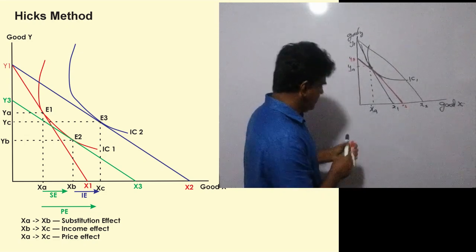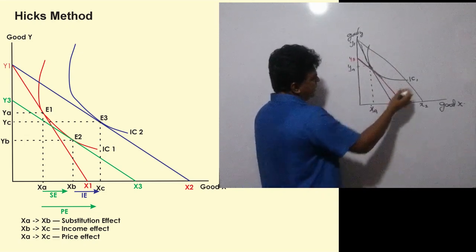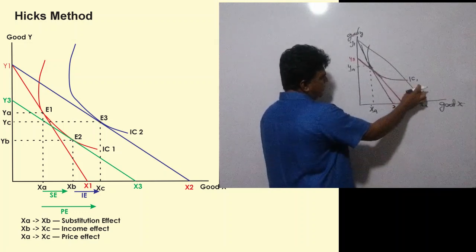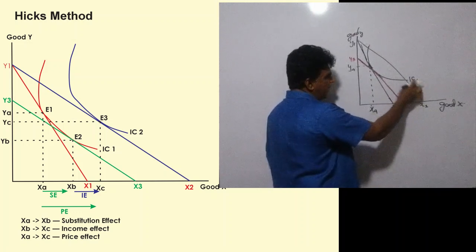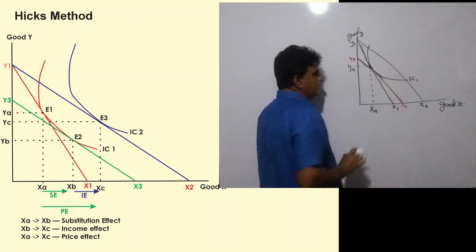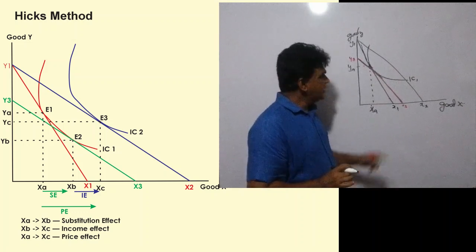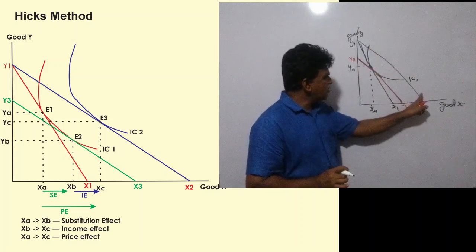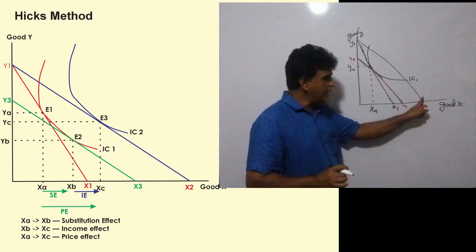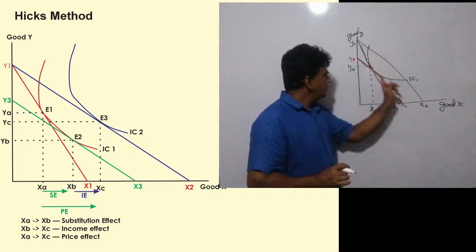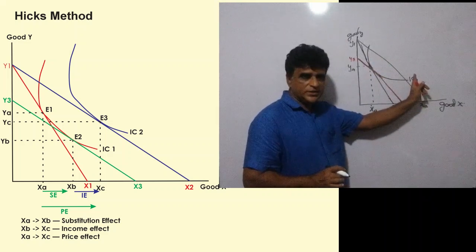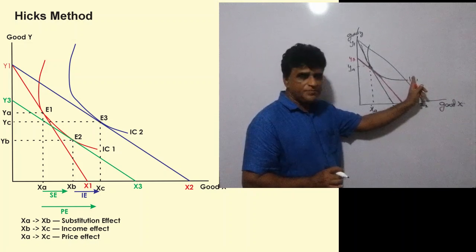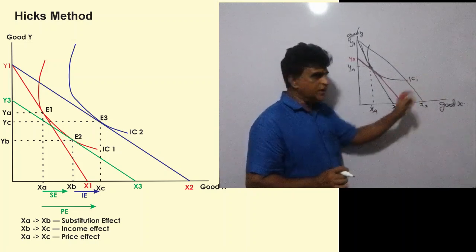Then under this income level and under this consumption level, the slope of this budget line shows the income, and the slope of this indifference curve represents the consumption.